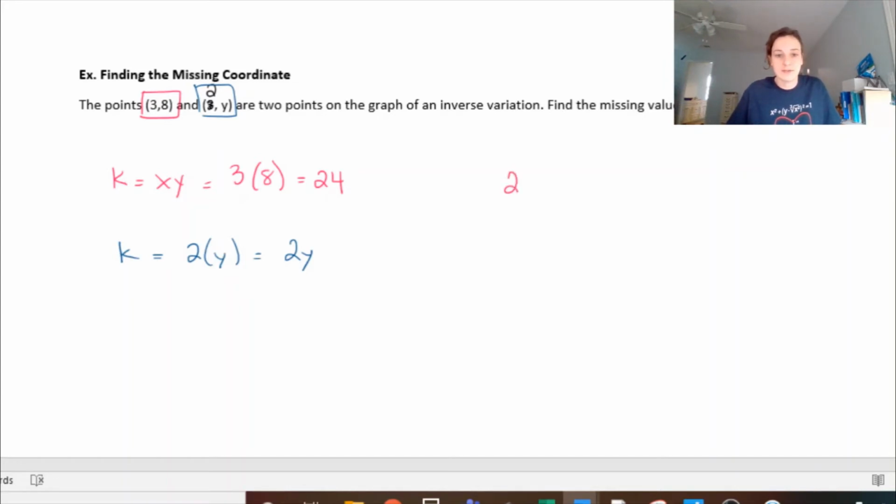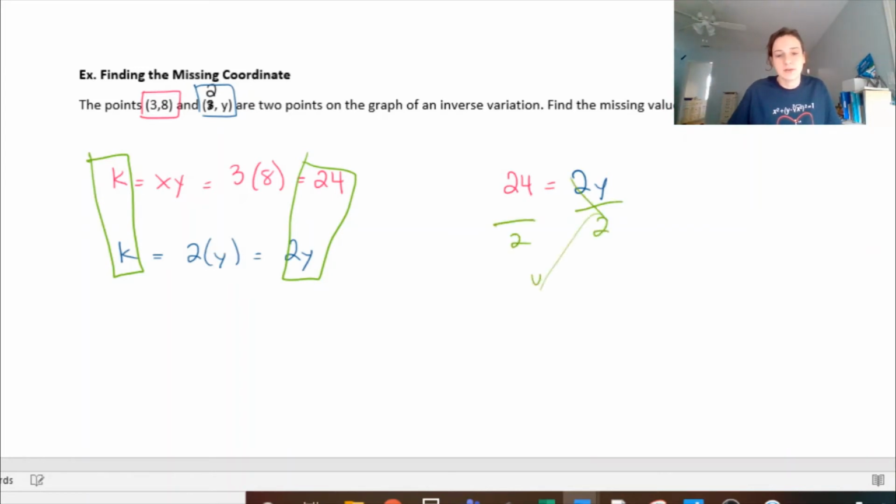So I can come over here and say 24 is equal to 2y, because I know that k must be equal to k, therefore 24 must be equal to 2y. Then I can finish solving this by dividing both sides by 2. So now I have y is equal to 12. So the missing coordinate is (2, 12). Okay.